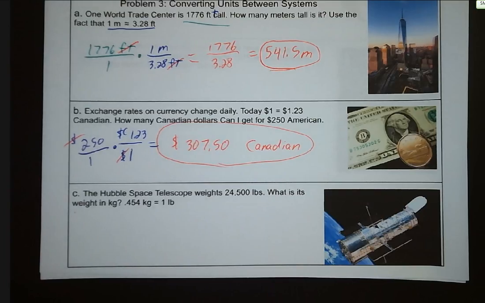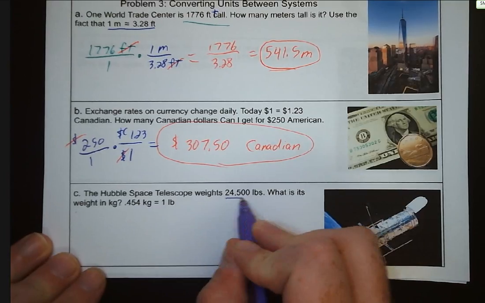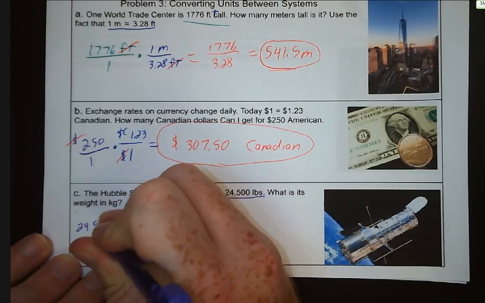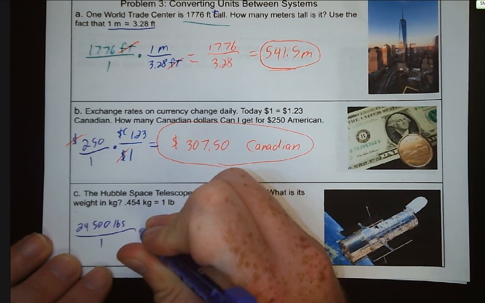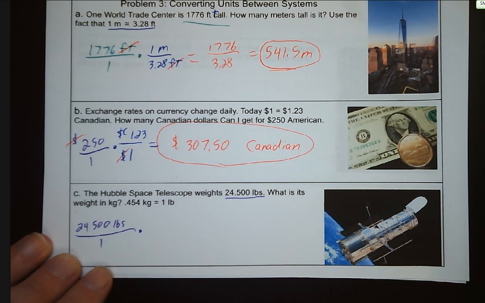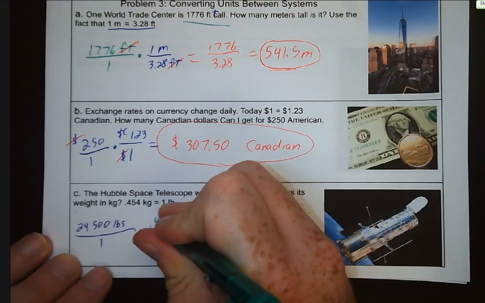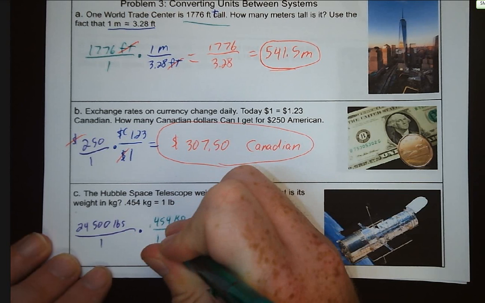The Space Telescope weighs 24,500 pounds, and we want to know what is its weight in kilograms. And we're given the ratio that 0.454 kilograms is 1 pound. So we start off with 24,500 pounds over 1. We multiply by our conversion factor, which is 0.454 kilograms per 1 pound.